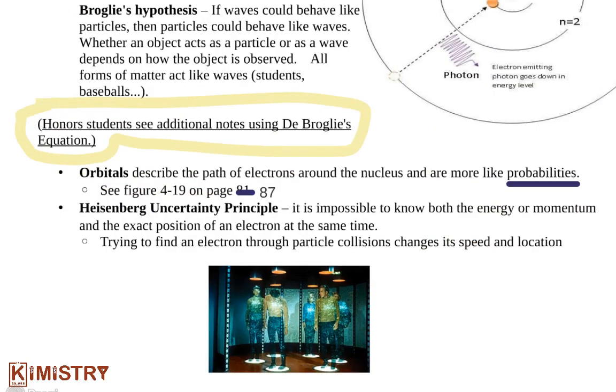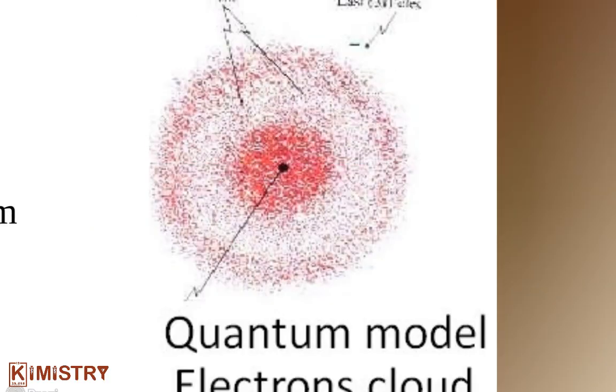I also wanted to show you the probabilities. So the Heisenberg uncertainty principle and the high probabilities. This is the probability cloud, the electron cloud or probability cloud. The nucleus is down here. Now we have all these little random dots going around here. That's where the electron could possibly be. We don't know for sure. The darker it is, the more likely the electron is there, so the higher the probability.